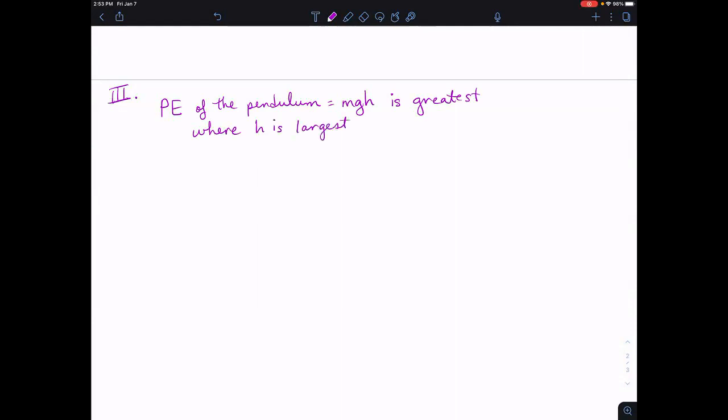What is h? H equals the distance above the lowest point, or reference point. Okay, so PE is greatest at A and E in the picture.